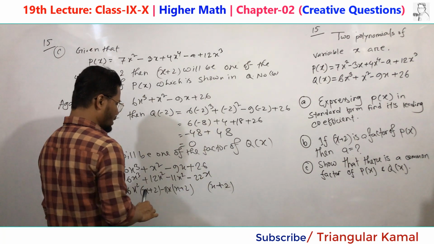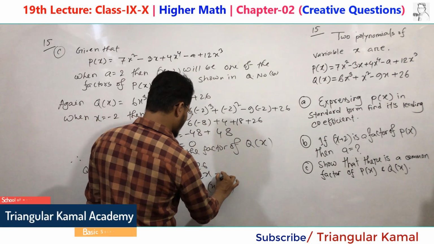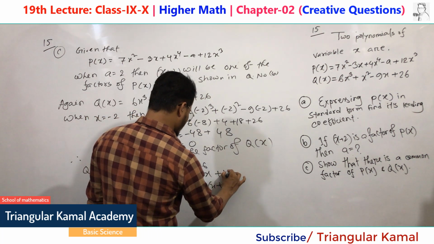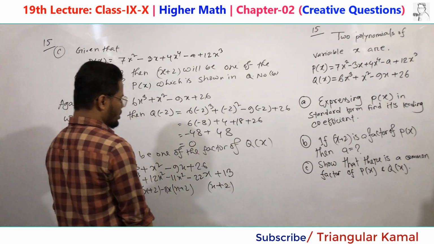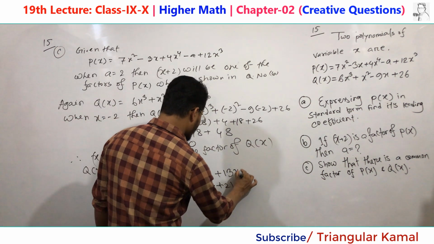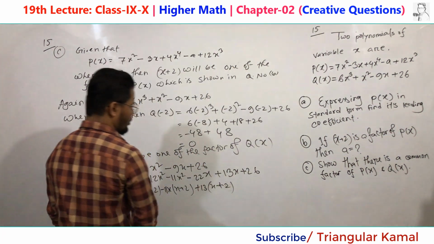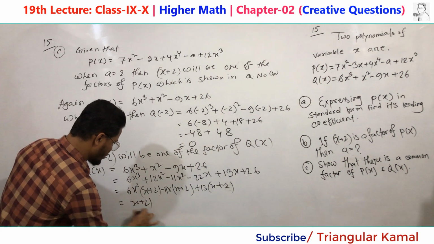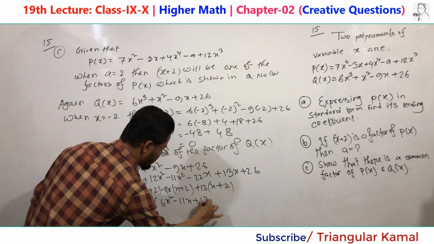So here only 9x, already we wrote here, so if we write here 13, like 13, 22, so 13 there will be 9, 13x then plus 26, and we could take plus 13 common. That means now we can write here x plus 2 is a common factor and 6x square minus 11x plus 13.